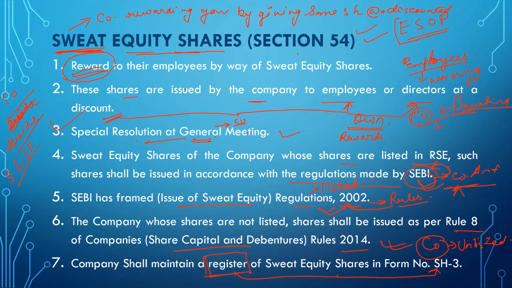Whenever the company is going to issue sweat equity shares, they have to maintain this register, and in it they write the list of people to whom they are giving sweat equity shares, at how much discount, when, on which date, everything noted down in this register, in form SH-3 for sweat equity shares. So this is all about sweat equity shares. Hope it is clear to you.